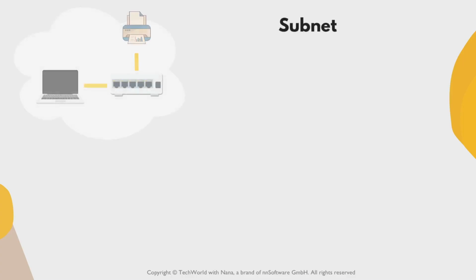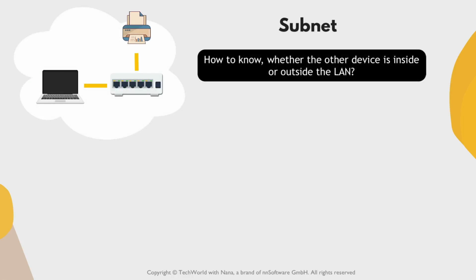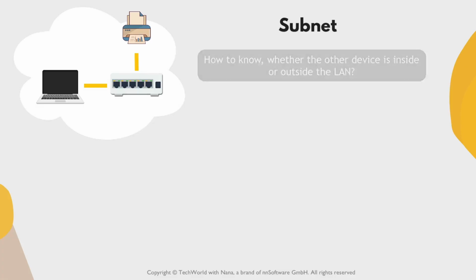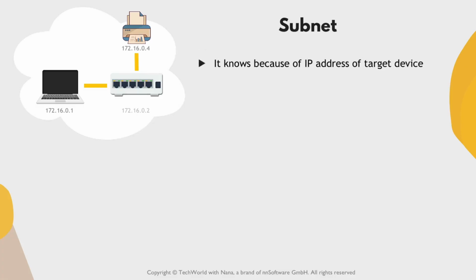Now the question is, when a device in LAN sends a request to another device, how does it know whether that other device is within the LAN or it's outside the LAN in the wide area network? Well, this is decided based on the IP address of the target device. Remember, as I said, that every device on LAN has a unique IP address?